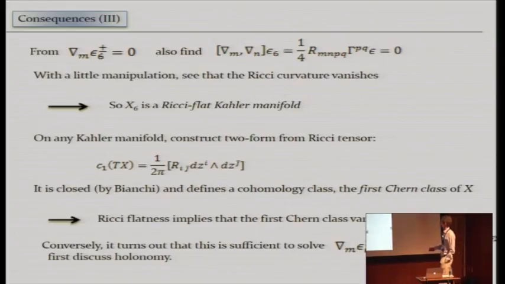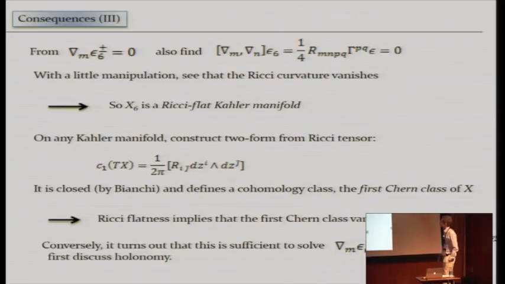Now on any Kähler manifold, the Ricci tensor turns out to be of type (1,1). It has no (2,0) or (0,2) components. And just like we did for the metric, where we had this (1,1) tensor and constructed an associated 2-form, the Kähler form, we can use R_{i j bar} to construct an associated 2-form, which is often called the Ricci form.